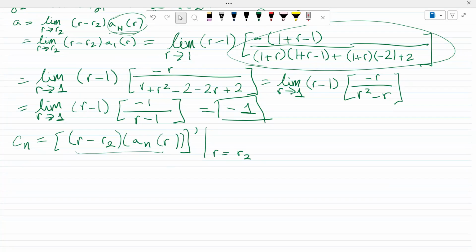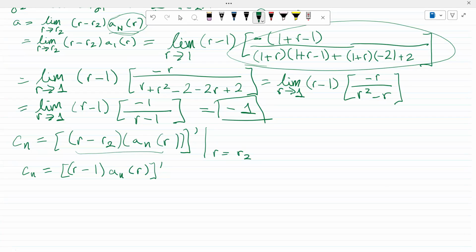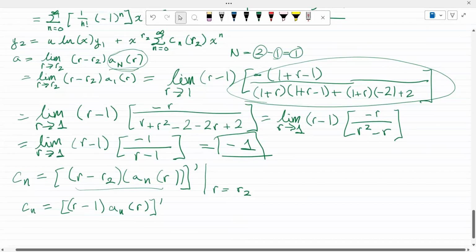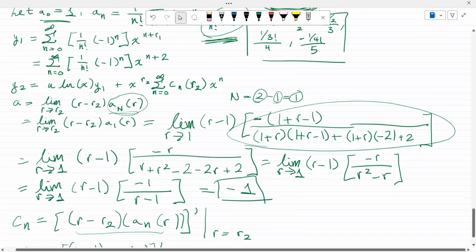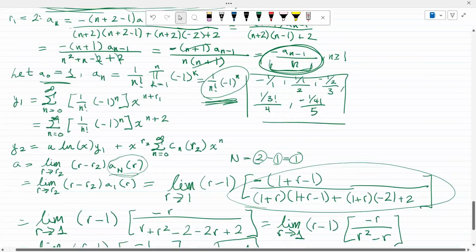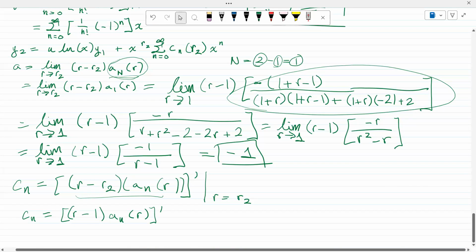So we can write down that Cn is equal to r minus 1 times an of r, all of this prime, and we have a general solution for an of r.